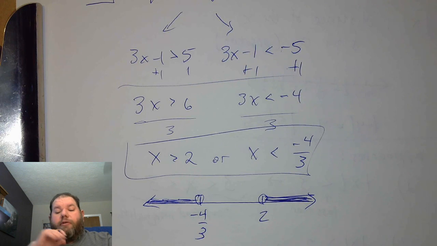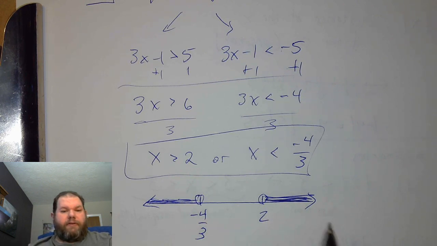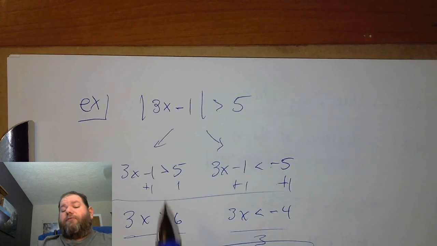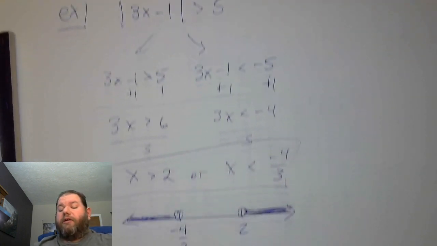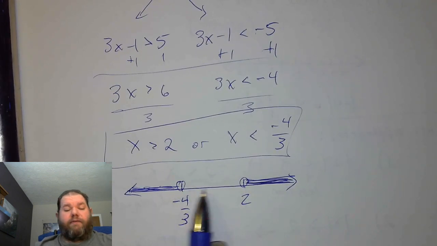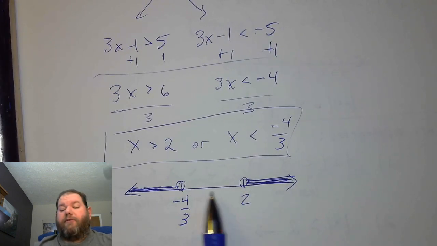So even though we split up the original problem into two different inequalities, because we are working one problem from the outset, our graphs need to be on the same number line. So basically, the only thing that doesn't work for this original inequality is everything in between negative 4/3 and 2. Those are the values that are being excluded. We'll then use everything on the outside from there.